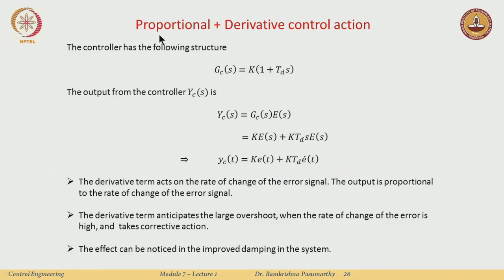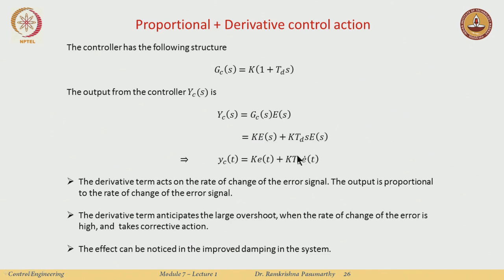Okay. So, again take a proportional plus derivative controller, where the controller now looks like K times 1 plus Td of s, and the output from the controller Yc of s is so all of these guys. So, I have Yc is K e of t plus K Td times e dot of t, right.